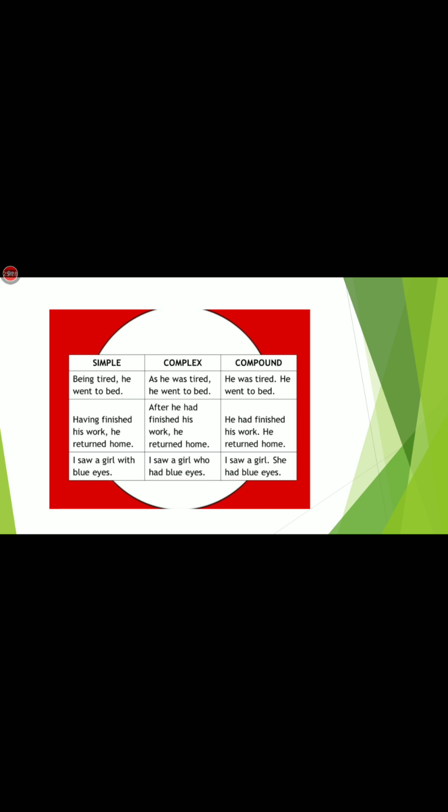When we make a simple sentence, we normally use infinitive phrases or participle phrases. Now, being tired, he went to bed. Here, being is a participle.